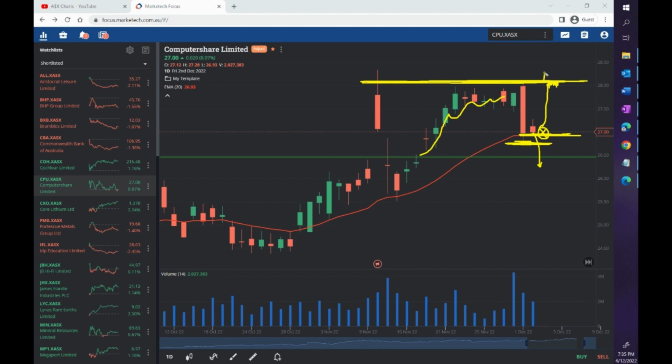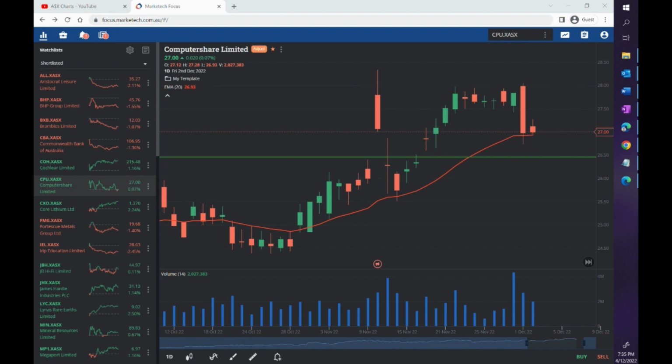But if it breaches this next point of resistance and holds its ground in the next couple of days, that would be another point for adding some more quantity. I'm speaking from my perspective, for myself only. Please do your own analysis and your own due diligence when it comes to investing.